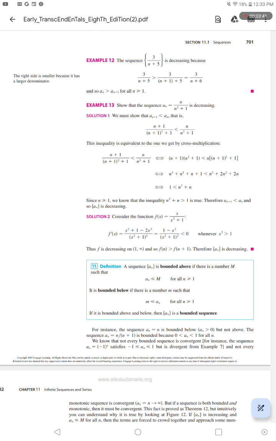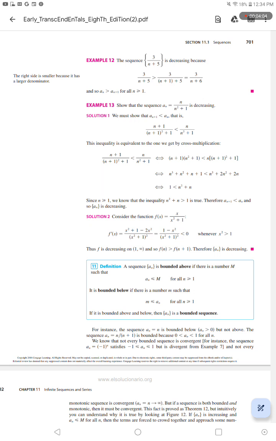Definition. A sequence (a_n) is bounded above if there is a number M such that a_n is less than or equal to M for all n greater than or equal to 1.